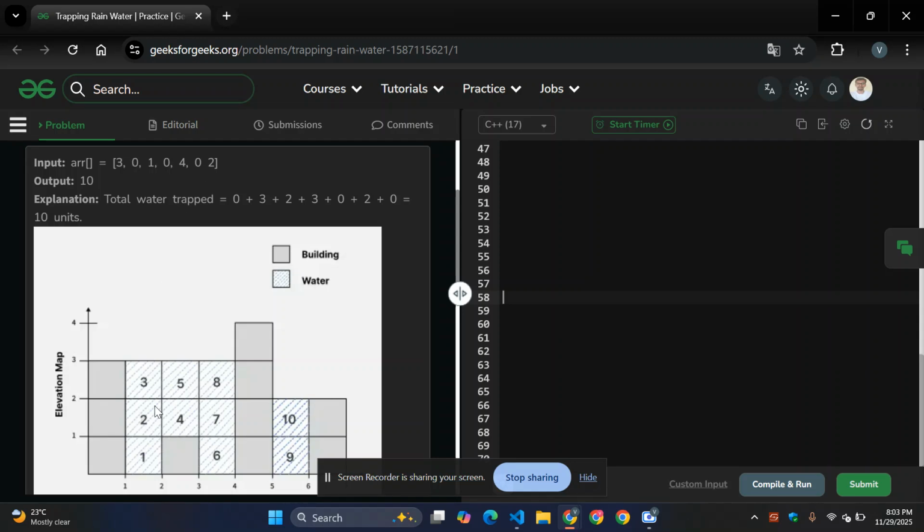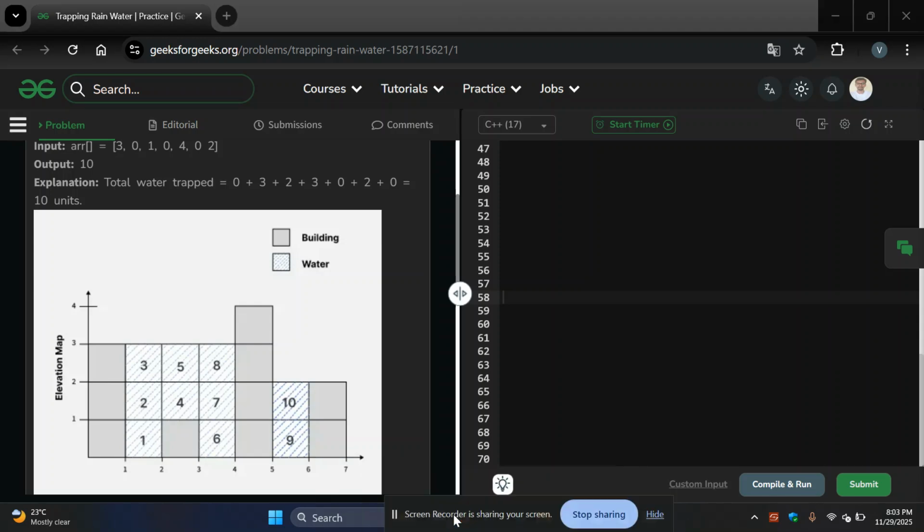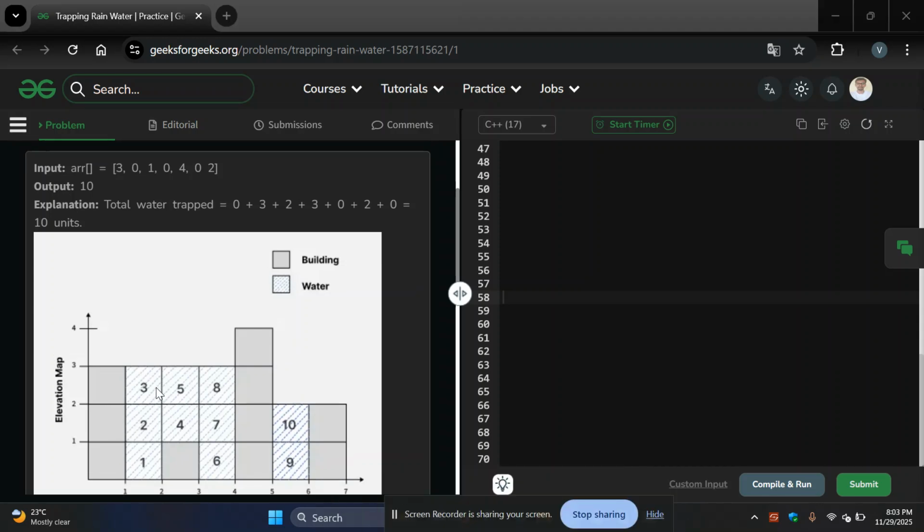Consider this as our example. We plot it somewhere on a graph. Okay, so the height of the first building is 3, then 0, 1, 4, and 2, and so on.